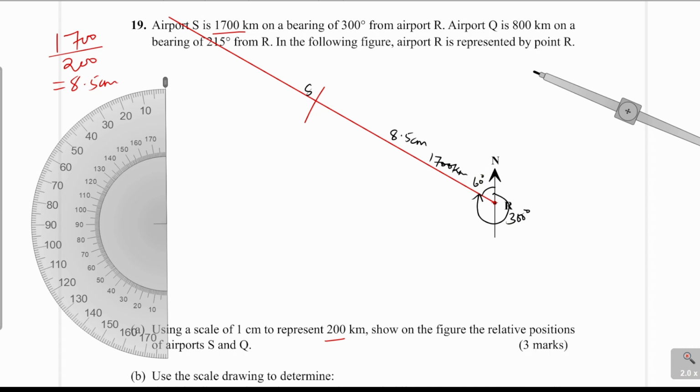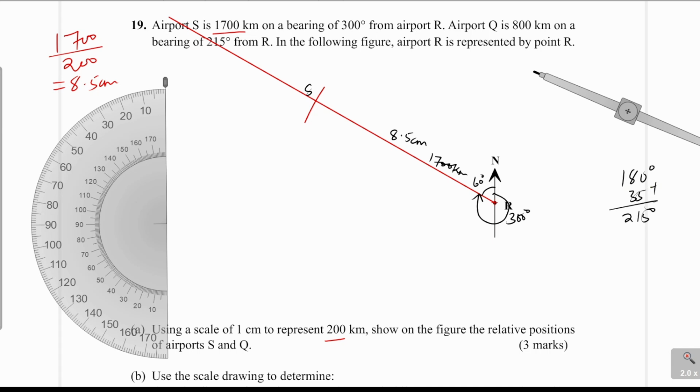Then the other one, airport Q, is 800 kilometers on a bearing of 215 from R. So 215 means we're going to measure 180 and then we add 35. That is what is going to give 215.